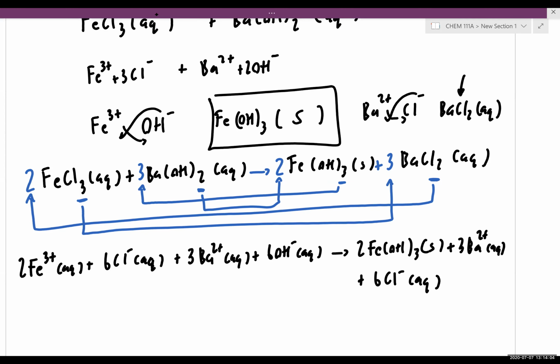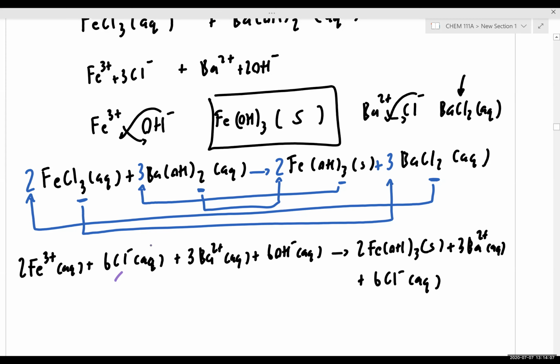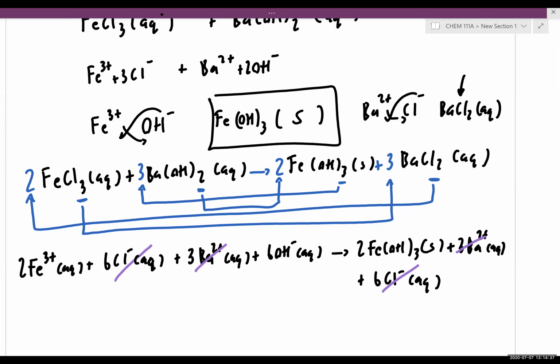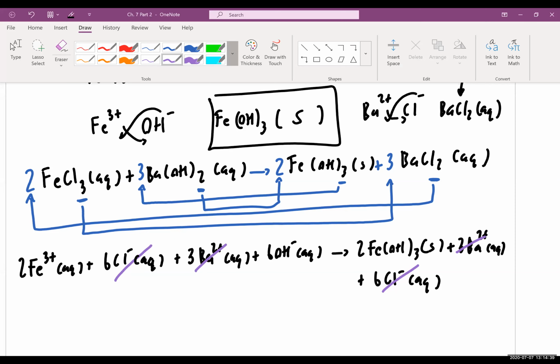Now we cancel our spectator ions. So we cancel chloride. Are there any other spectator ions here? What's the other spectator ion in this reaction? Barium, yep, so let's cancel barium. And now in turn, that gives us the following.